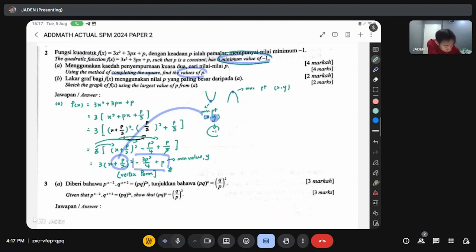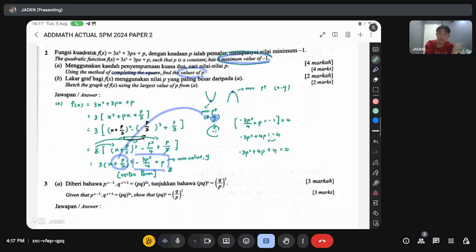That means I can take this equation, -3p squared over 4 plus p equal to -1. That is how I could potentially get my p value. My very first step is to multiply by 4 for the whole equation. I get -3p squared plus 4p equal to -4. It seems like a quadratic equation. I'm going to move this to the left. So -3p squared plus 4p plus 4 equal to 0.